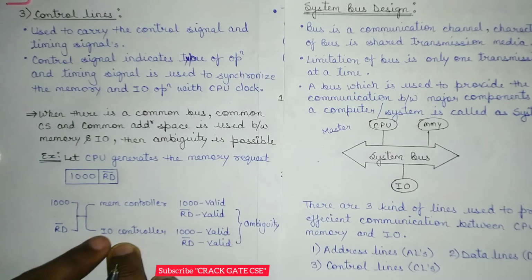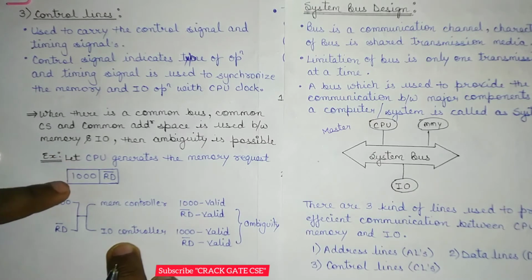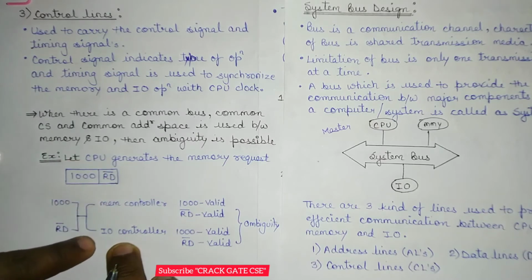And if we move on to the IO controller, we check that yes, there is a port whose address is 1000. So in that case that port address is valid. Similarly, read, which is a control signal, is also valid. So here you can see that the CPU is generating a memory request, but it is getting forwarded to the memory as well as IO, and at both places it is valid. So there is an ambiguity.